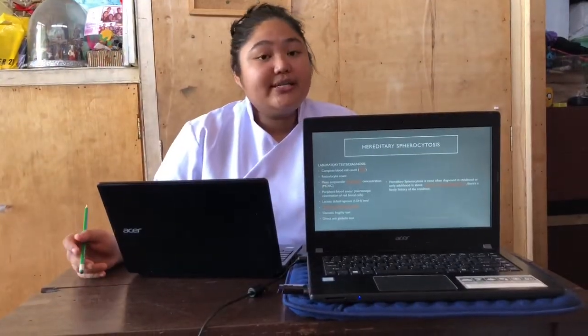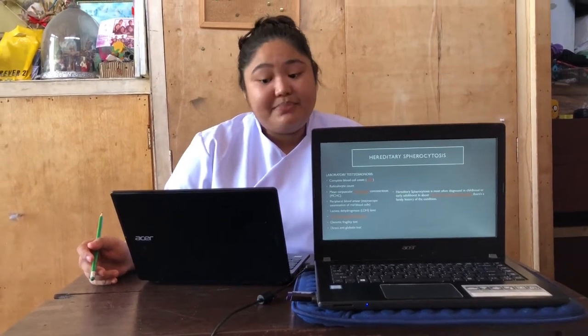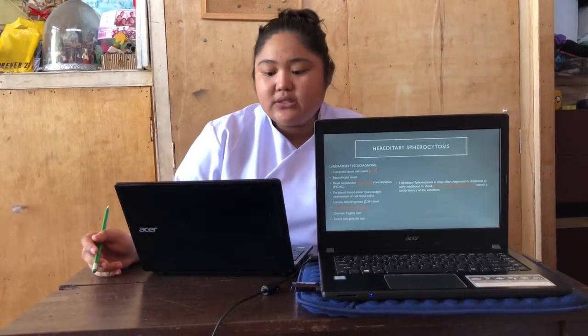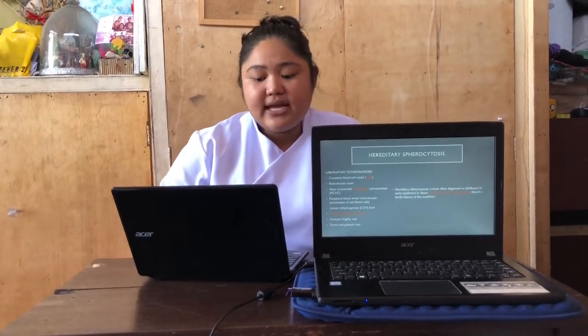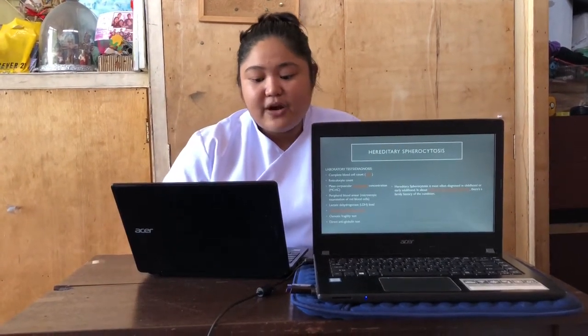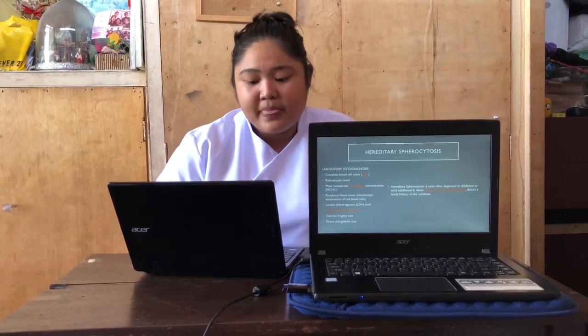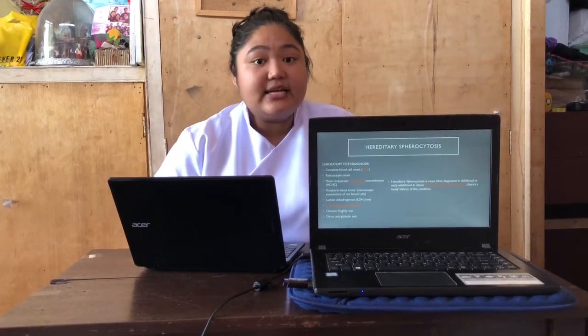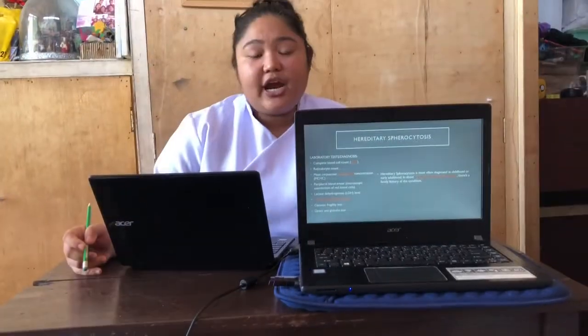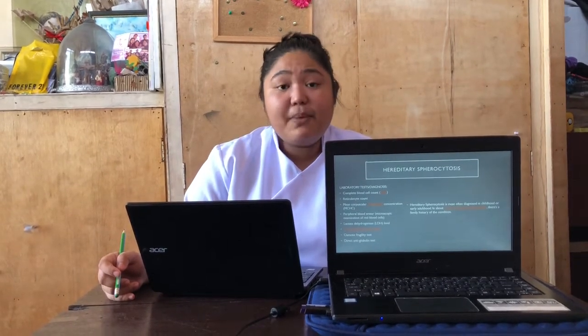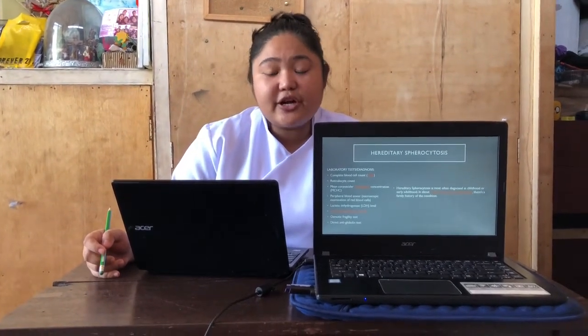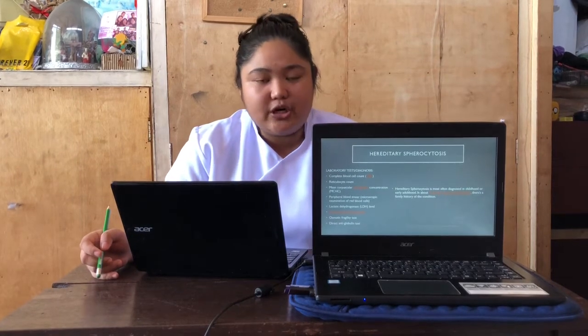For laboratory tests, we do CBC, reticulocyte count, MCHC, peripheral blood smear, lactate dehydrogenase level, fractionated bilirubin level, osmotic fragility test, direct antiglobulin test. Hereditary spherocytosis is most often diagnosed in childhood or early adulthood. In about 3 out of 4 cases, there's a family history of this condition.